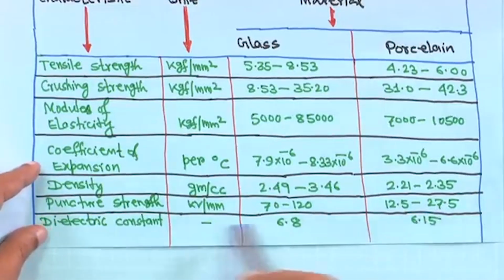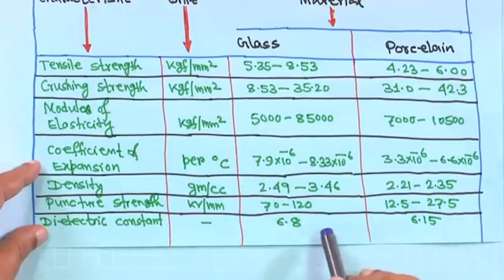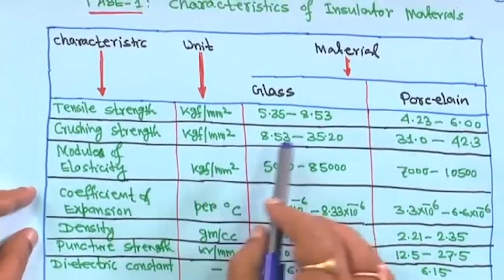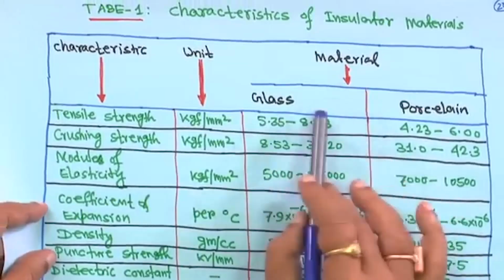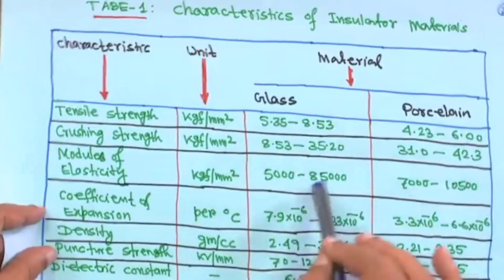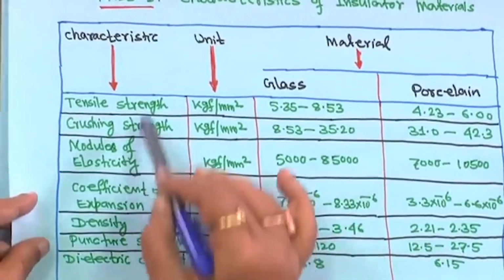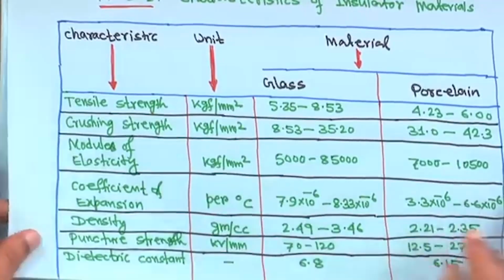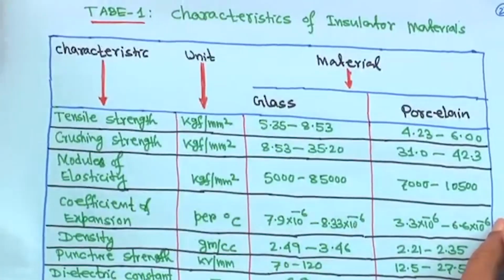And dielectric constant, this is 6.8, higher than porcelain where it is 6.15. So, these are the differences between toughened glass and porcelain, these seven characteristics.